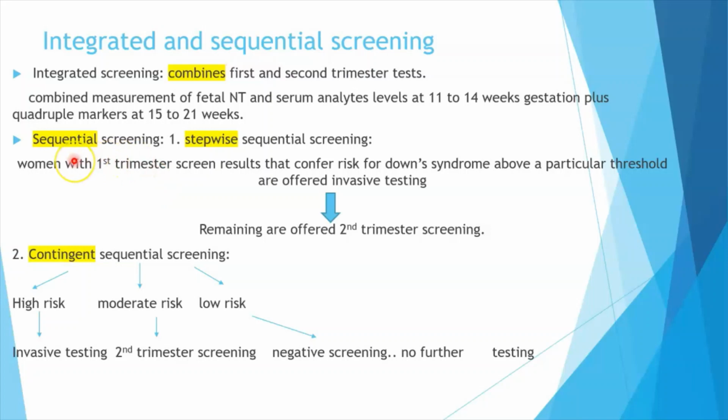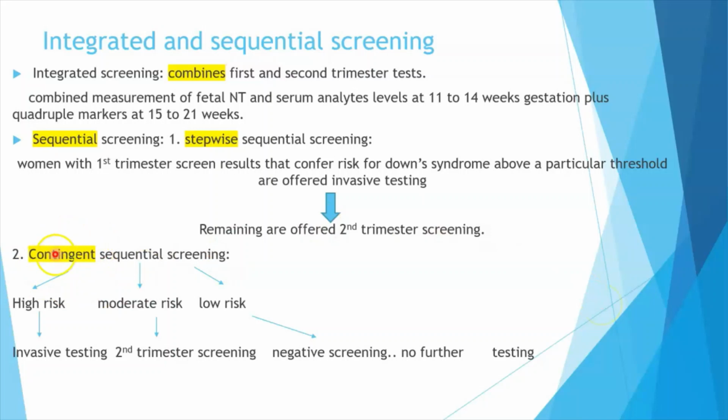Second is sequential screening. Sequential screening is of two types: stepwise sequential screening and contingent sequential screening. What is stepwise sequential screening? In stepwise, women with first trimester screen results that confer risk for Down syndrome above a particular threshold are offered invasive testing, and the remaining are offered second trimester screening.